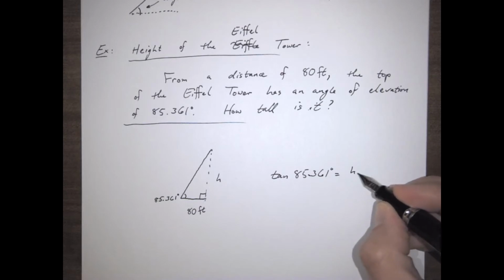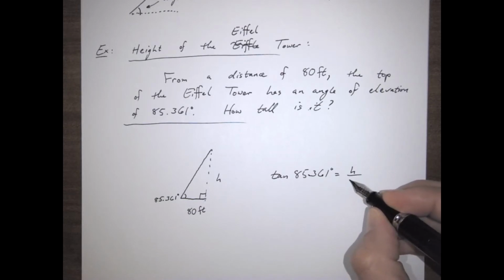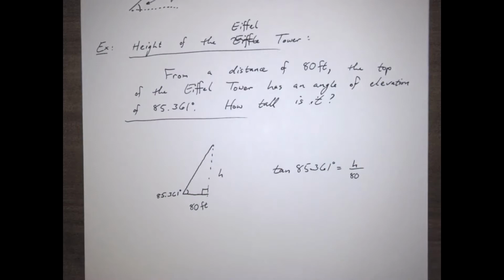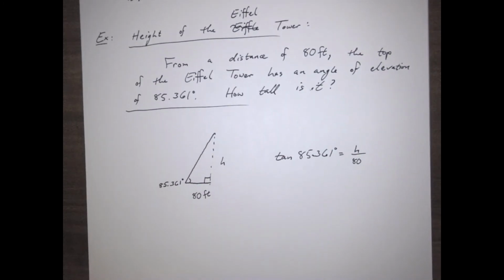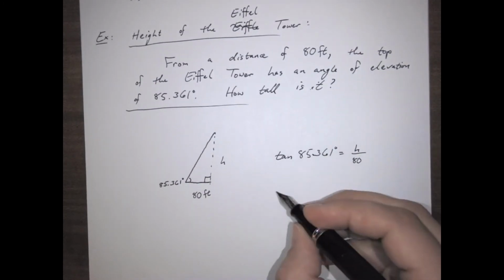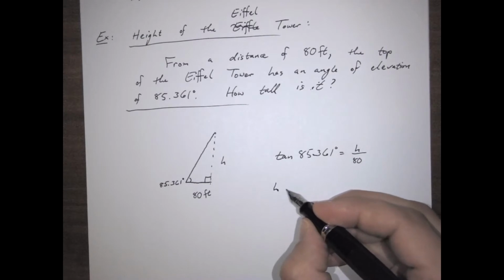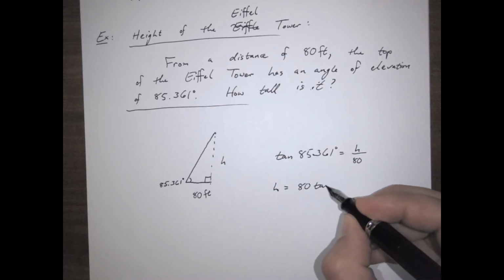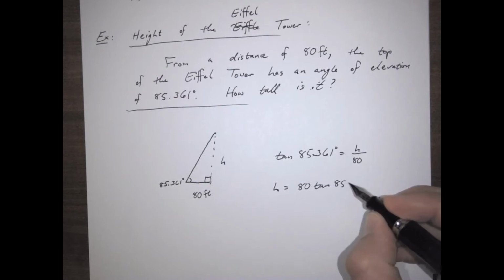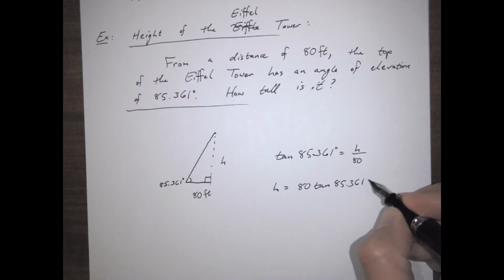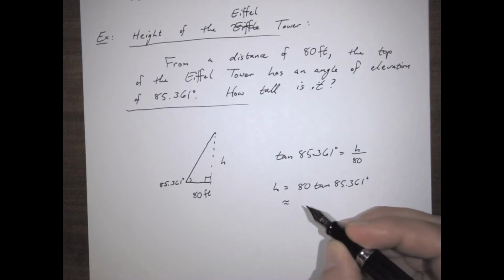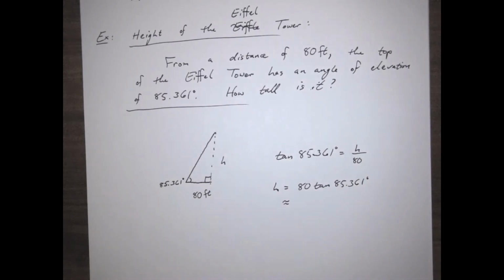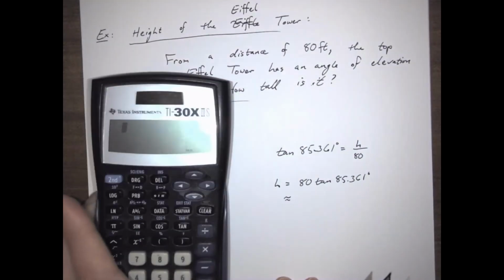And that's equal to opposite over adjacent, which relative to us, the height is the opposite, and the base is the adjacent. So then that means that h would just be equal to 80 times the tangent of 85.361. And then we just can crunch the numbers here and find the answer.